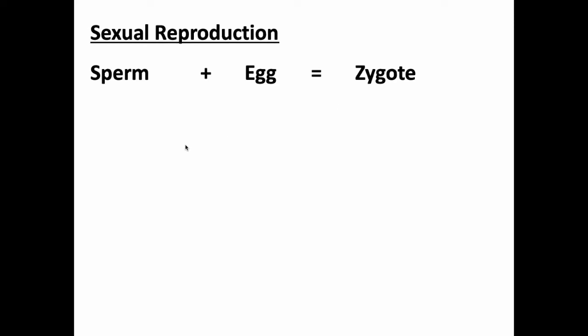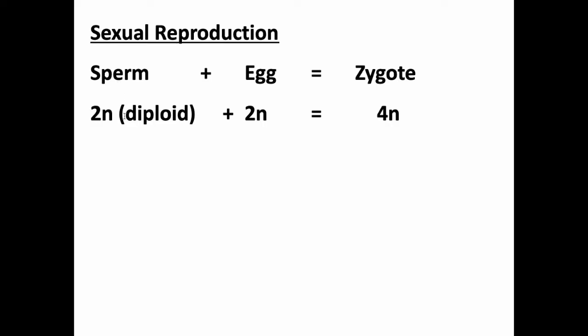Now, a term that I introduced in the last chapter was the term diploid. I told you that virtually all of our cells are diploid. The abbreviation for this is 2N. That meant 2 copies of each chromosome, and we saw that in the slide on human chromosomes, 2 copies of each one of those.